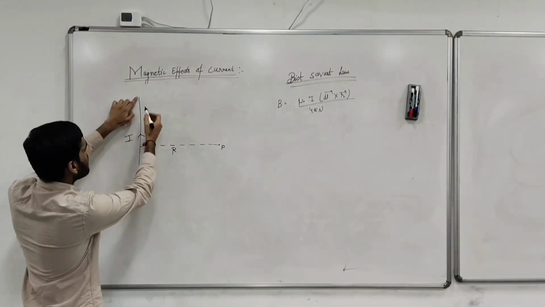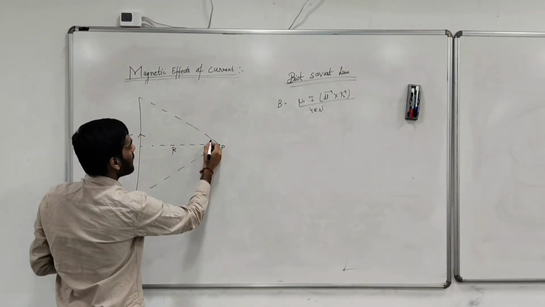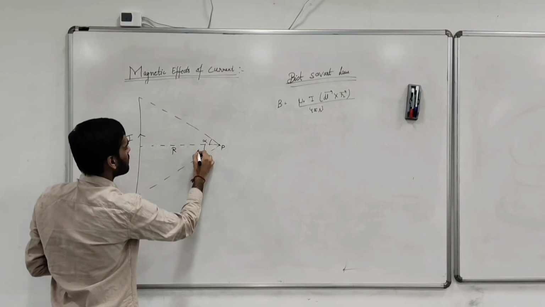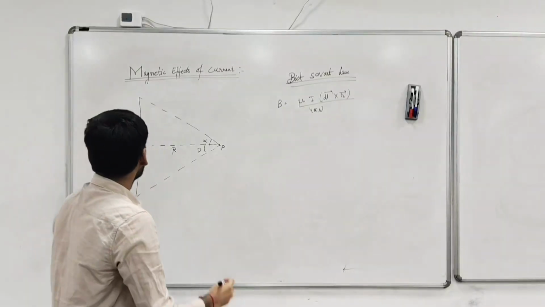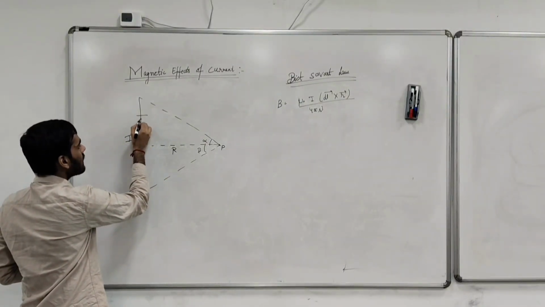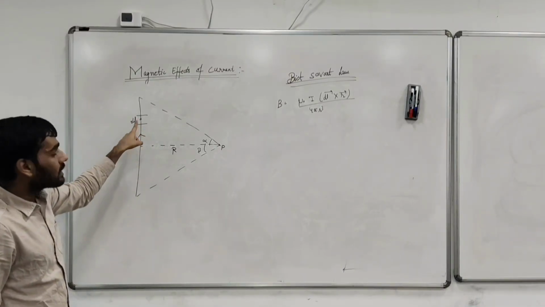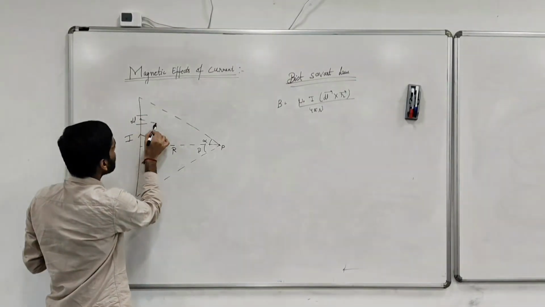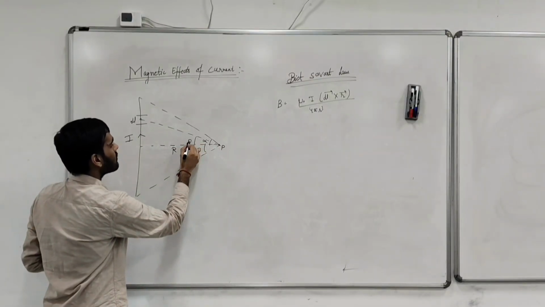This end of the wire and this end of the wire make angles alpha and beta respectively. We will proceed with the same approach. We will take an infinitesimally small current element dl, and we will calculate the magnetic field produced by this element at point P. Let's take this angle as theta.